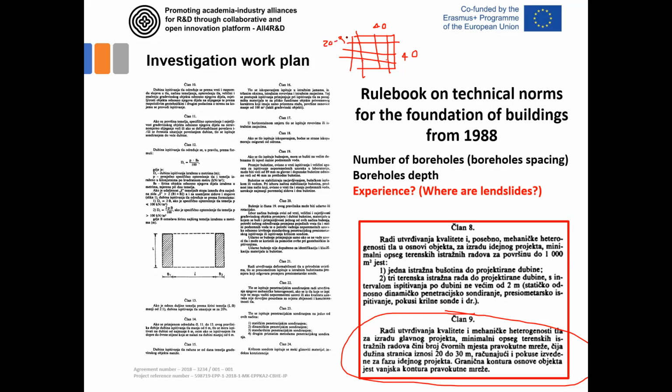So this square grid should be with sides of 20 to 30 meters. So that's the range of the borehole spacing that should be performed prior to construction of the buildings on flat area. Of course, still once again, nobody mentioned the landslides.